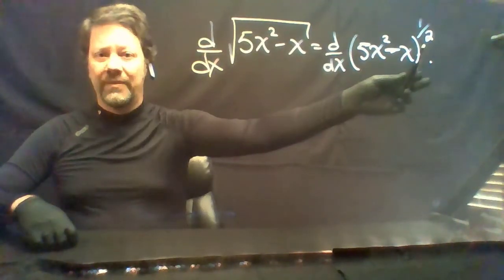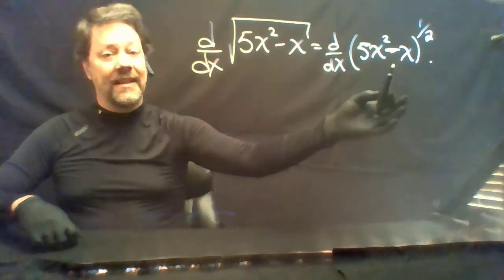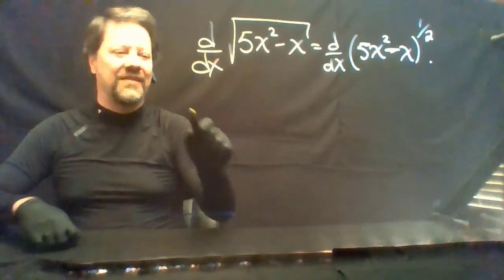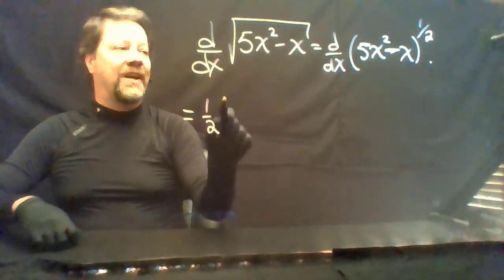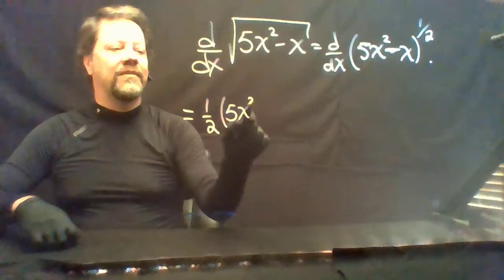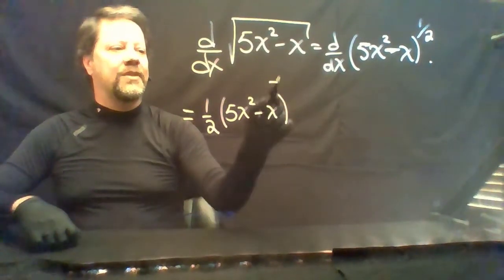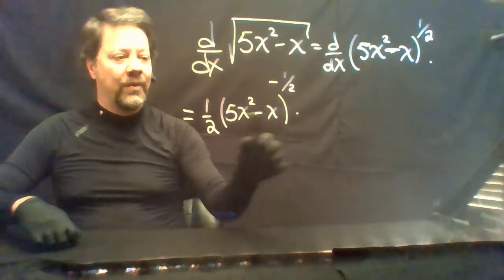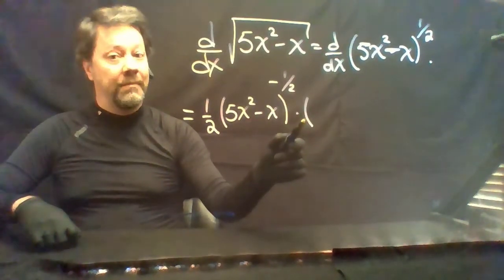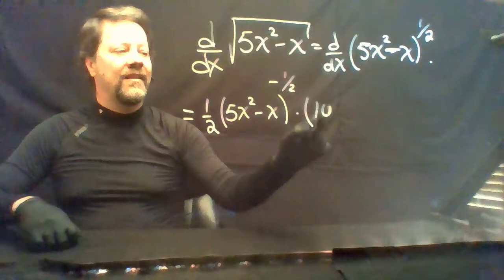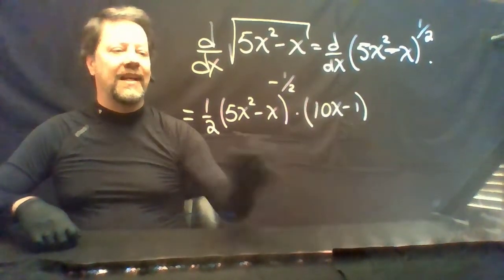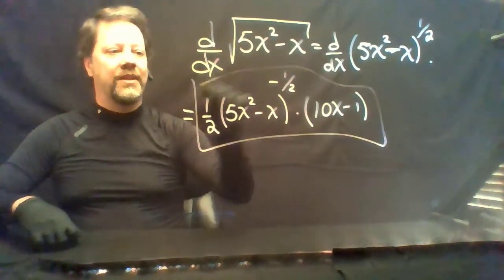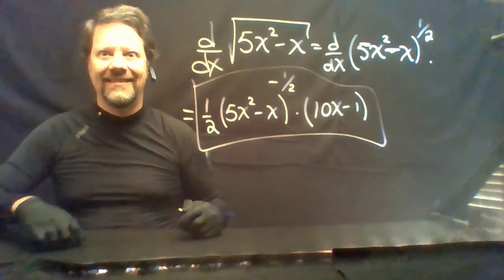We have a power rule, and we have a function inside, so a chain rule as well. We'll bring the power down, leave the inside alone, and subtract 1 from the exponent, but we're not done. We also have to multiply by, better put a parenthesis here, the derivative of the inside. Box it, ship it, it's done.